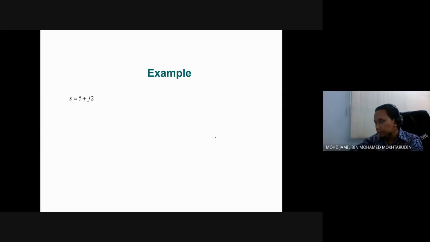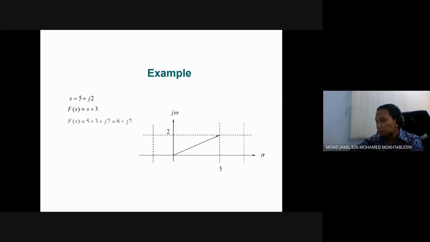Let's look at an example. Let's say you are given s equals 5 plus 2j, and you are given a function F equals s plus 3. First you substitute this into F(s). You will get 8 plus j times 2. Then you can plot it; the example shows a plot of this new complex number. So 8, 2j, it's here.